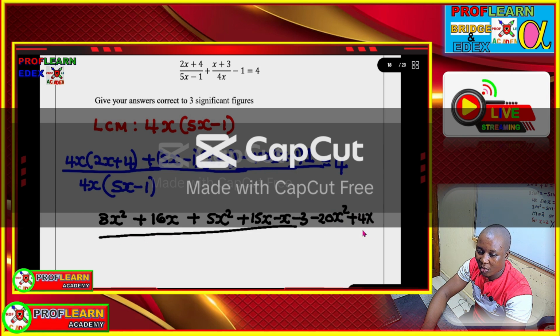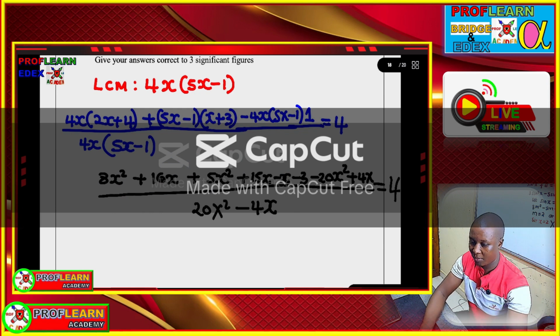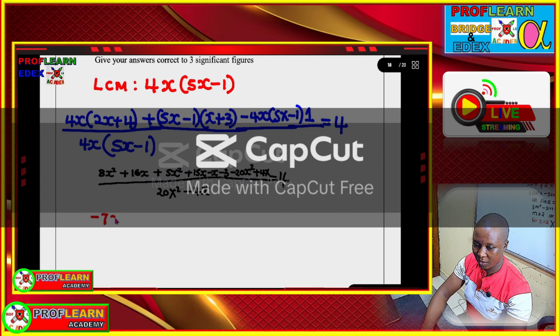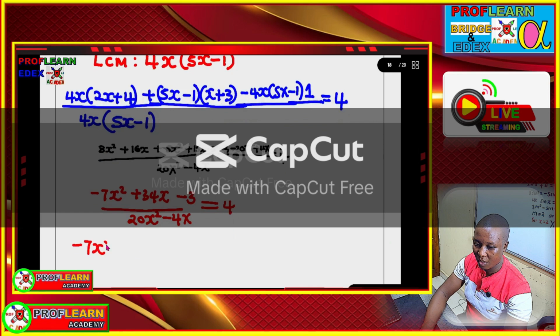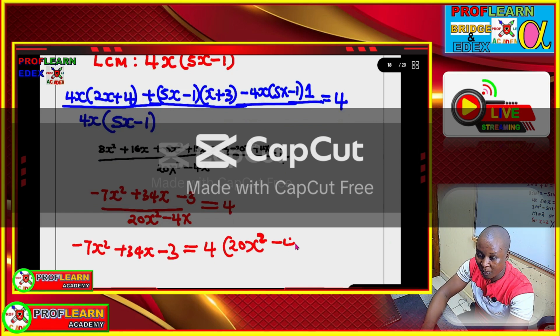Ensure you don't make a mistake when you are expanding and putting the like terms together, because this question is long. We can multiply the denominator both sides so that we can put the like terms together, and hence here we are going to form a quadratic equation which we are going to solve.